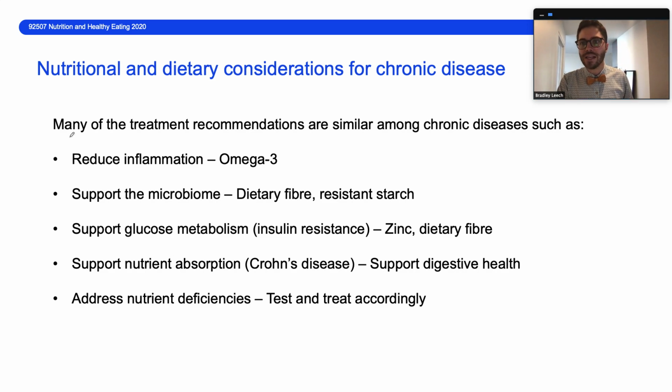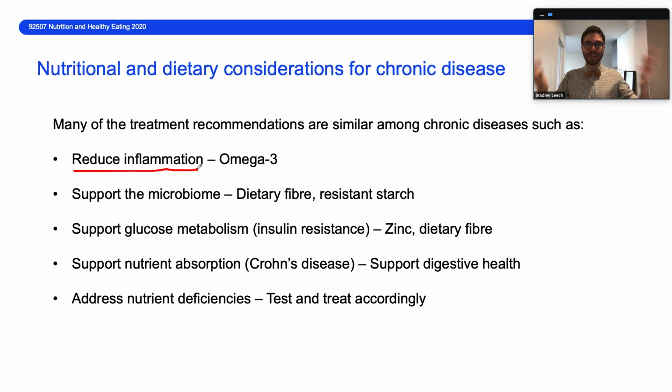The first one is to reduce inflammation. It is without doubt that inflammation is a driving factor in modern disease. Inflammation is elevated in autoimmune disease conditions, cardiovascular disease, cancers, osteoarthritis. Inflammation is one of these factors that we want to assess for and we want to control for.